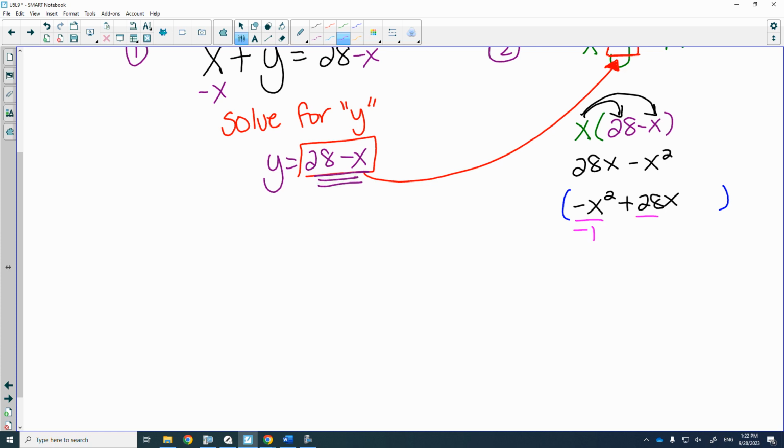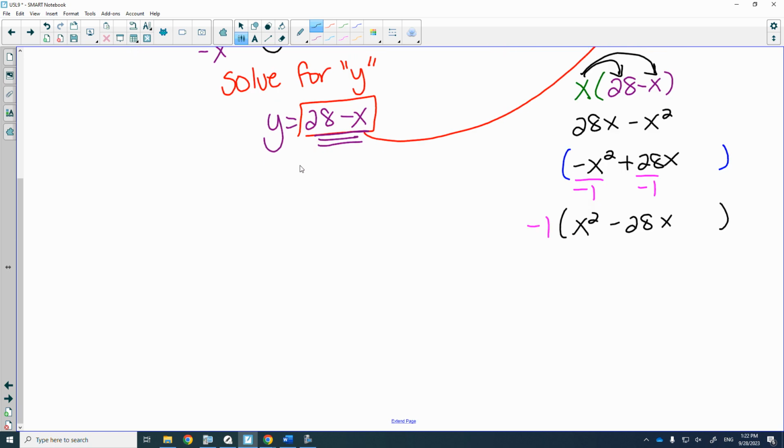So factor out the negative 1. Jesse, what do I do from here? Okay. Amelia, from here? What's 14 squared? Okay, so add 196 minus 196 times my negative 1.